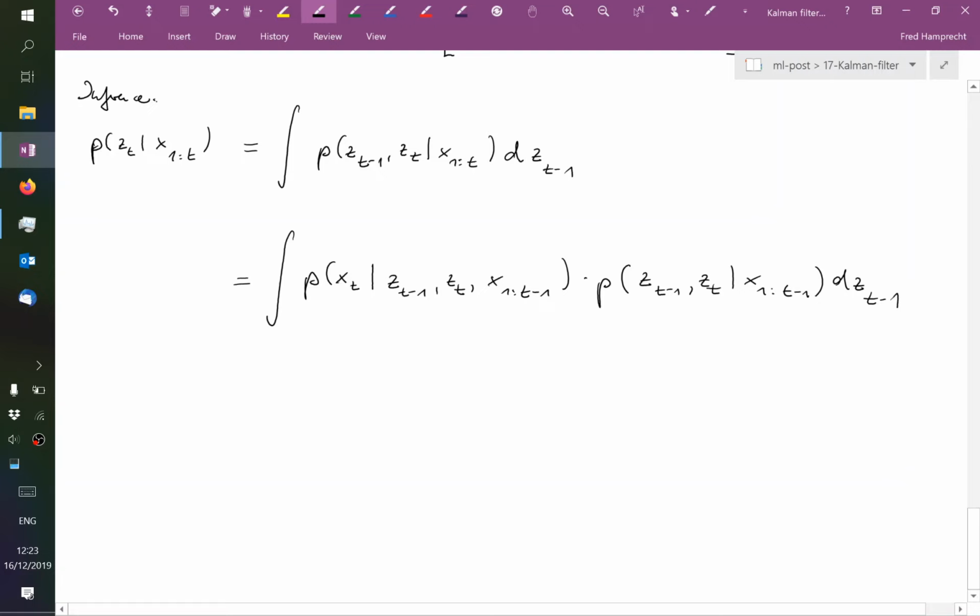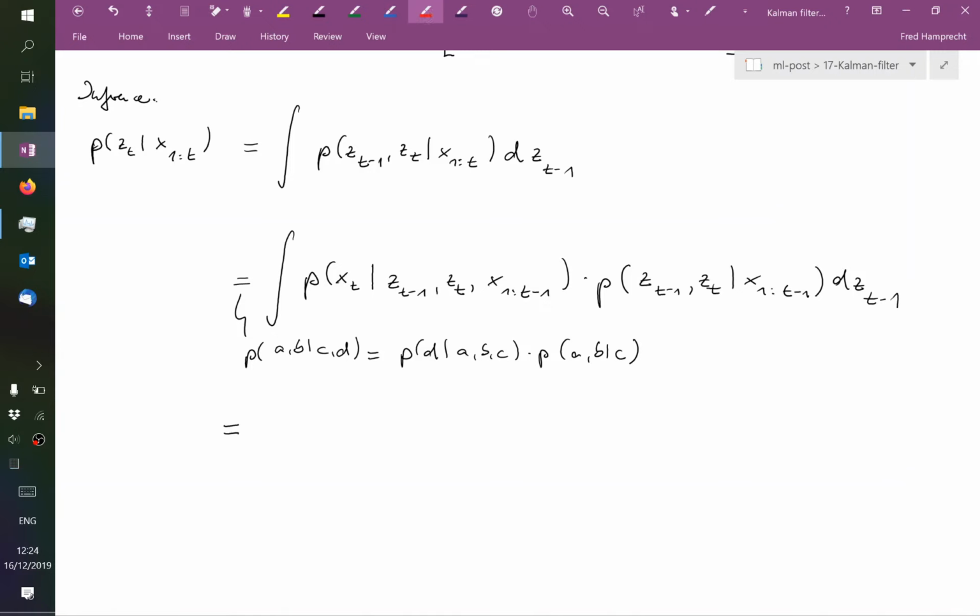So what I've used here is that the probability of A and B given C and D, I can always write as the probability of D given A, B, and C times the probability of A and B given C. Now, we know by looking at the state space model that in fact x_t is conditionally independent of these terms given z_t.